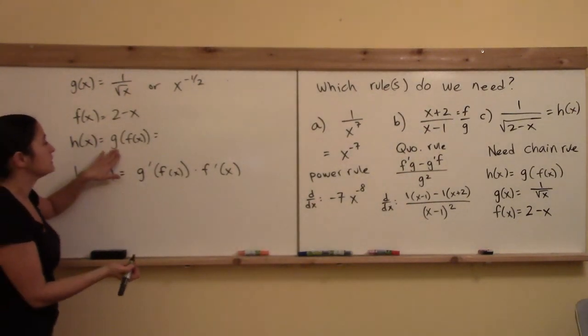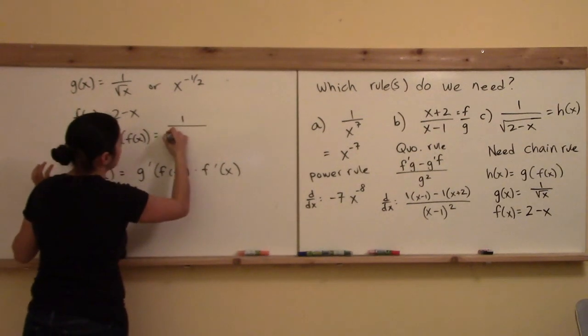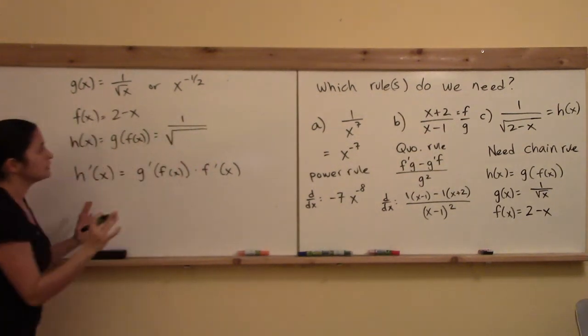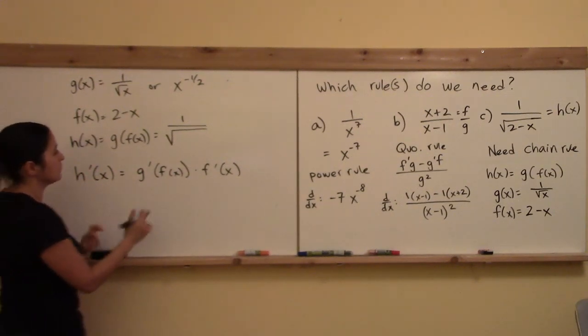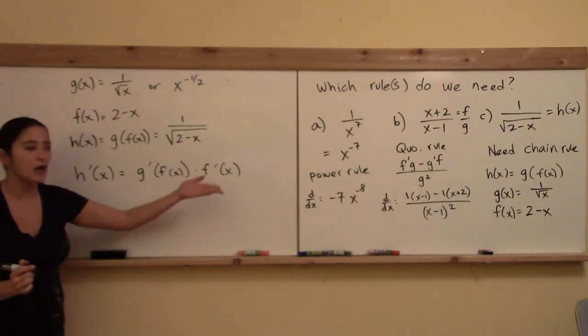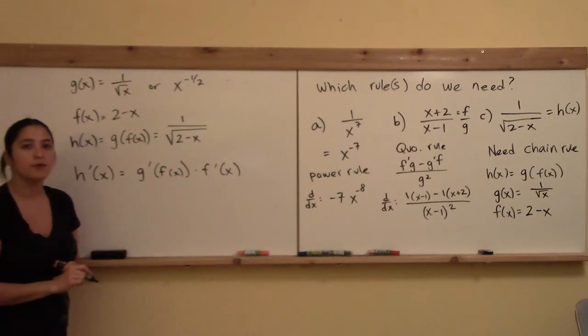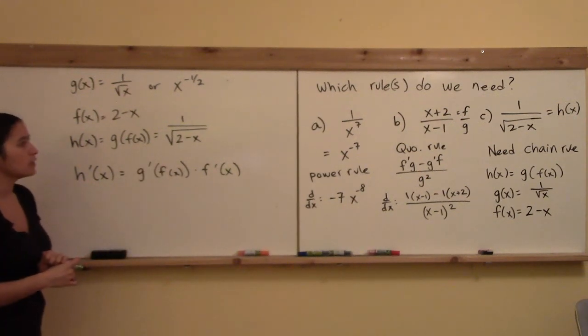So let's see, what if I take the outside function and just copy down what the outside function is. Now as soon as I hit the letter x on the outside function, I'm going to throw in the entire inside function. So now I'm going to throw in the 2 minus x, and sure enough, I got what was stated right there, so I properly defined the outer and the inner function so that my composition would work.